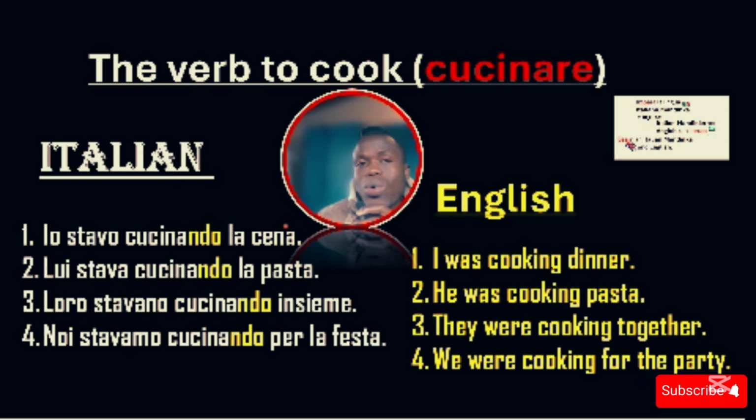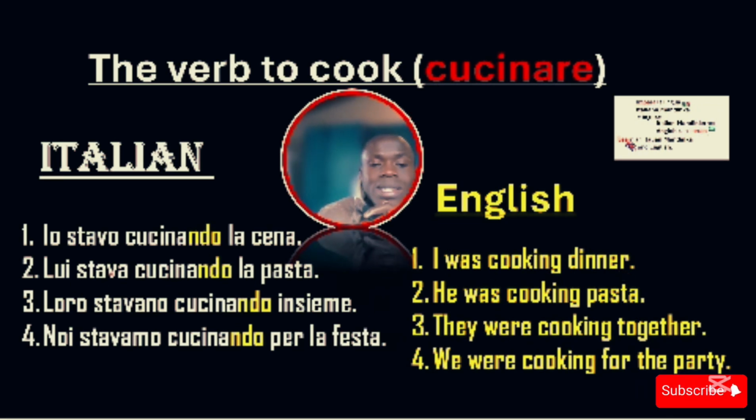If the question asks che stai facendo, you don't answer with stavo or stai, because that is in the present tense, not in the form of the simple past continuous tense. So io stavo cucinando la cena means I was cooking dinner.